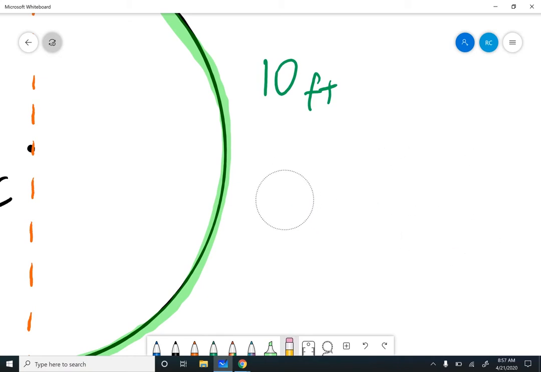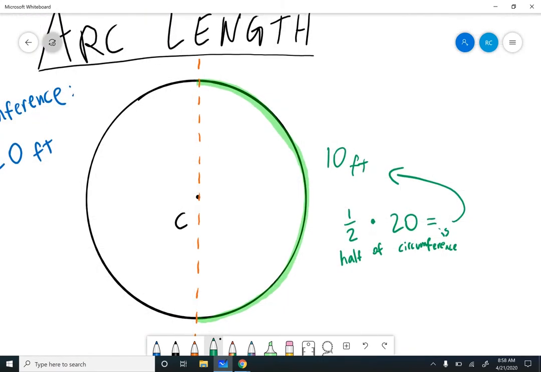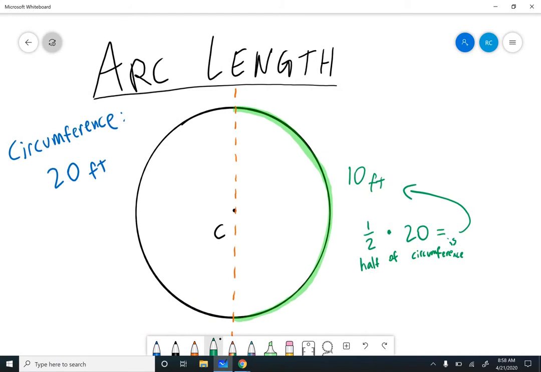We are talking about half of the circle. Half of, remember that word of means times, the circle's circumference is 10 feet. Okay? So hopefully I haven't lost anybody yet.